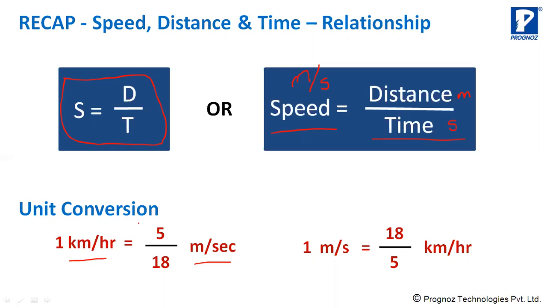For conversion, this factor is to be used. Any kilometer per hour value to be converted to meters per second, you multiply by 5 by 18. How it is derived, we have seen in the earlier videos. Similarly, if speed is in meters per second and you want to convert it to kilometers per hour, then you have to multiply by 18 by 5.